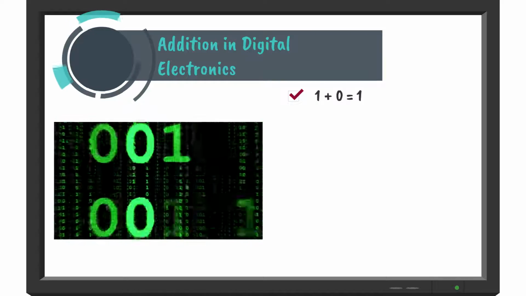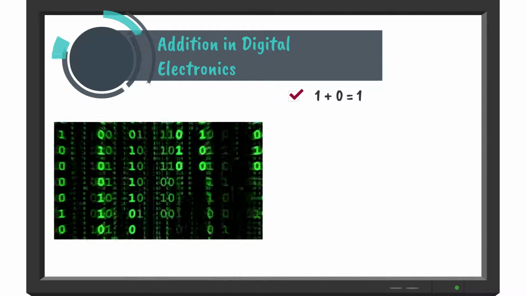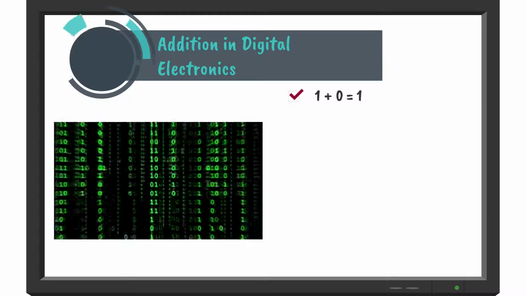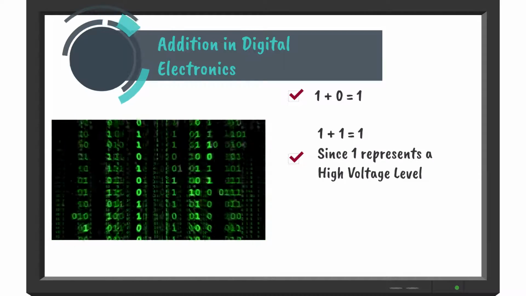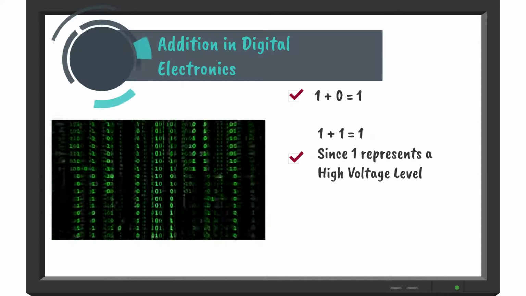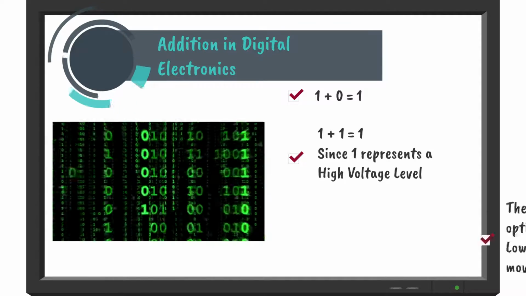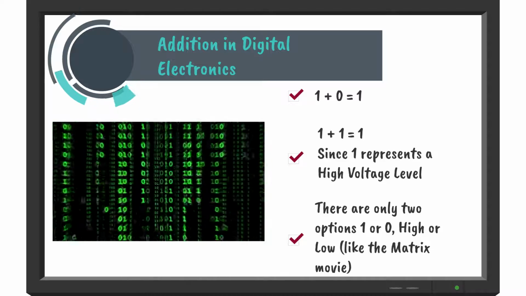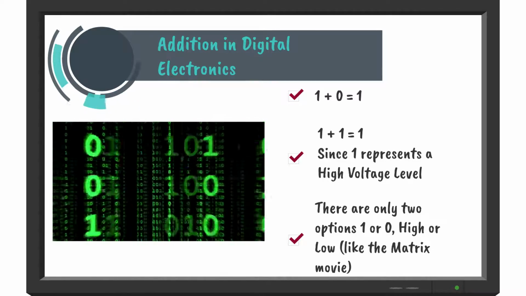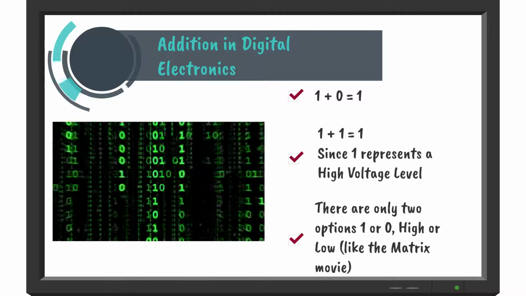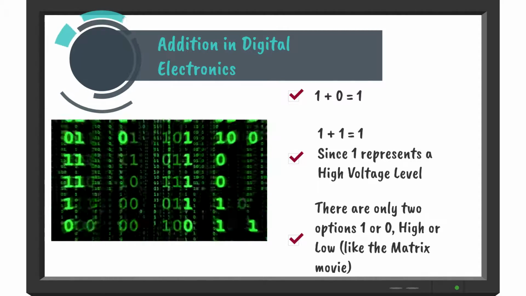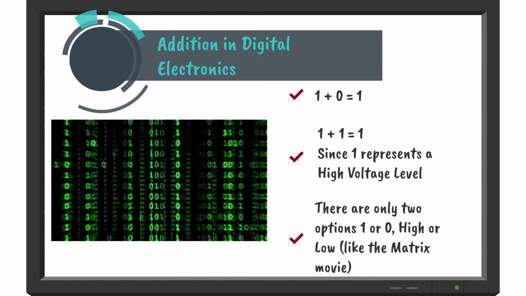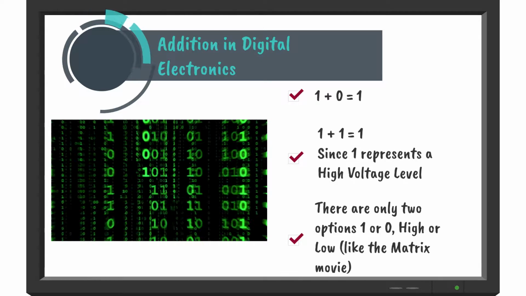Now if you add 1 and 1, or a high plus a high, you get a high. So it's still 1. You may be wondering, that doesn't make sense. Well, it's easier for you to remember that 1 is depicting a high. So a high plus a high is still a high. It can't be a low, and there are only two possibilities, a high or a low. So it has to be a high.